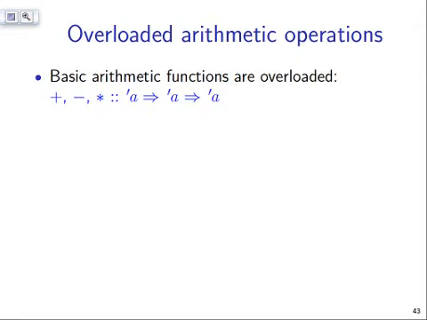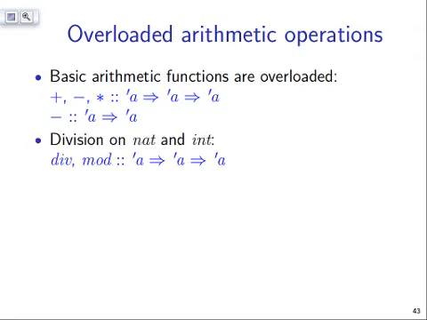And then we have the basic arithmetic functions that are all overloaded: addition, multiplication, binary minus. We have a unary minus as well, also overloaded. For division, it's a bit more involved. There are two divisions. There's one discrete division on natural numbers and integers, and they are called div and mod.